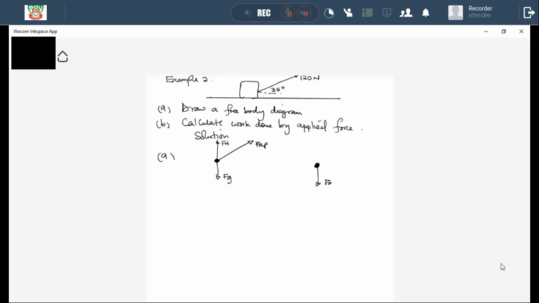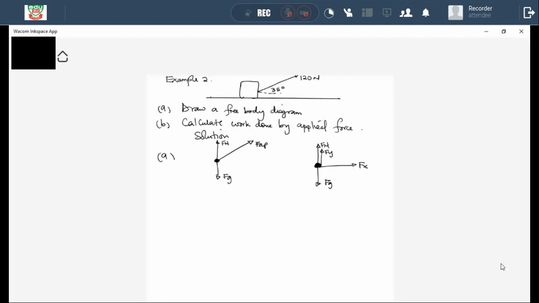I'm going to have my FG, my normal force going up, and then Fx, which is the horizontal component, and Fy, which is my vertical component. The second free body diagram represents exactly the same scenario as the first. Those two components, Fx and Fy, represent our vector, force applied. So we need the second free body diagram for calculations, right?